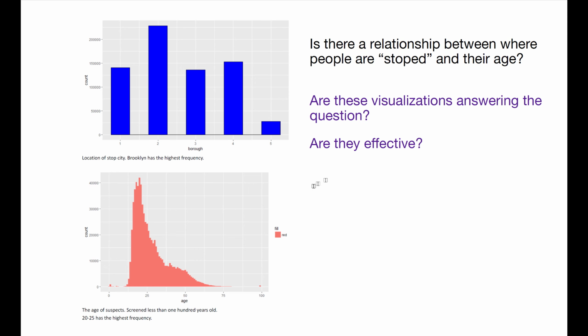Are they answering the question? No. Are they effective? No. I mean, we can't tell anything at all about the likely effect on reducing crime, either from the number of stop and frisk events that occur based on which borough they were in, or based on the age at which people were stopped.